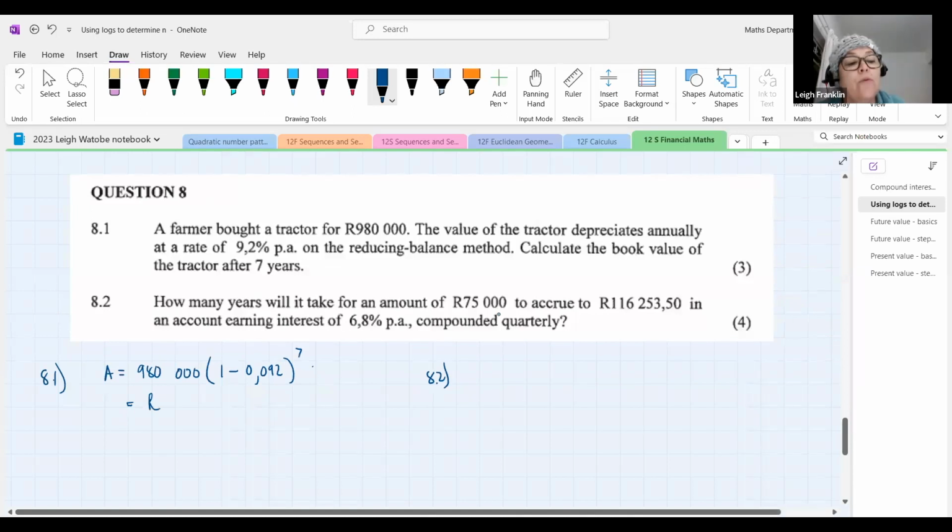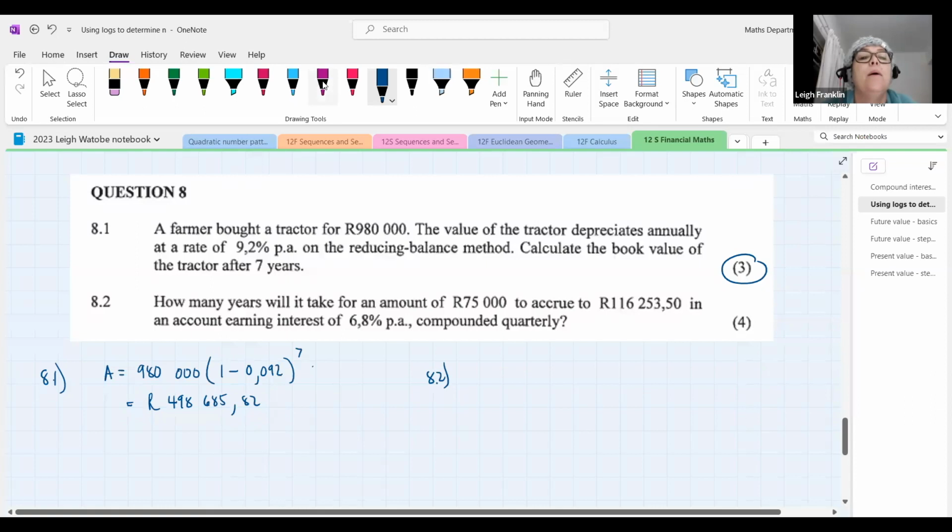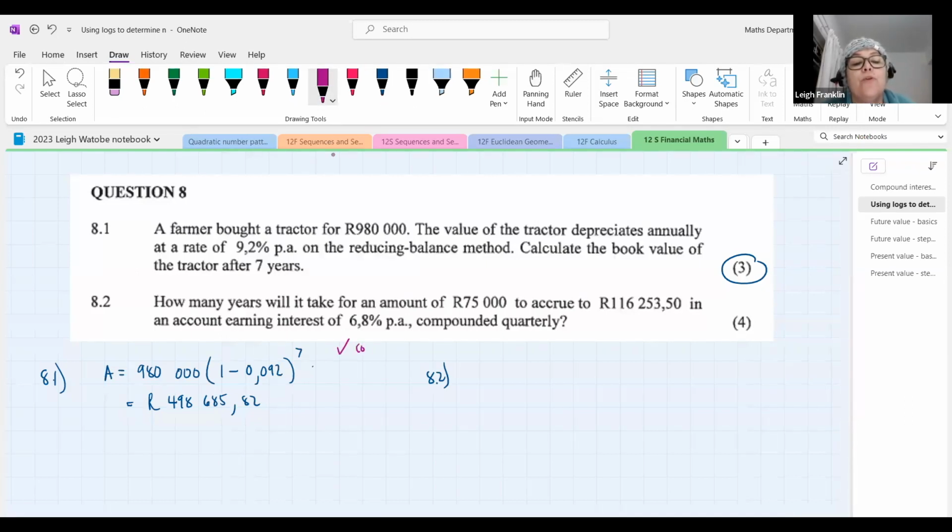And that would give you 498,685 rands and 82 cents as the book or scrap value of the tractor after 7 years. Okay, it's out of 3. So 3 marks here. 1 mark would have to be for the correct formula.